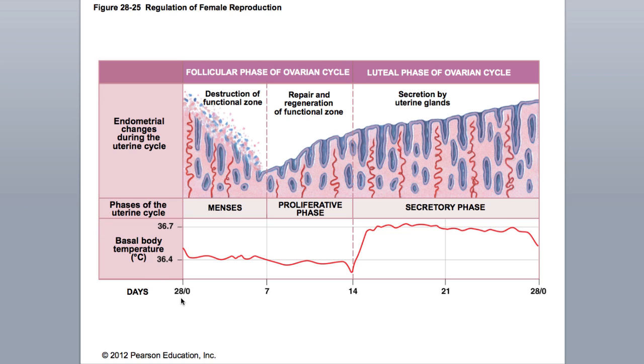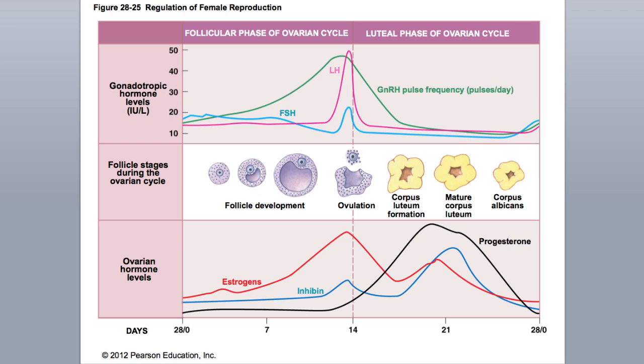So now, here's day 1 to day 5. And if we round that off from 1 to 5, you see that we have our menses here. So menses is happening day 1 to day 5 roughly. And if I go to the previous slide, that's corresponding to the development of the follicle, which corresponds to the rise in estrogen. So as the follicle will develop, so will the rise in estrogen.